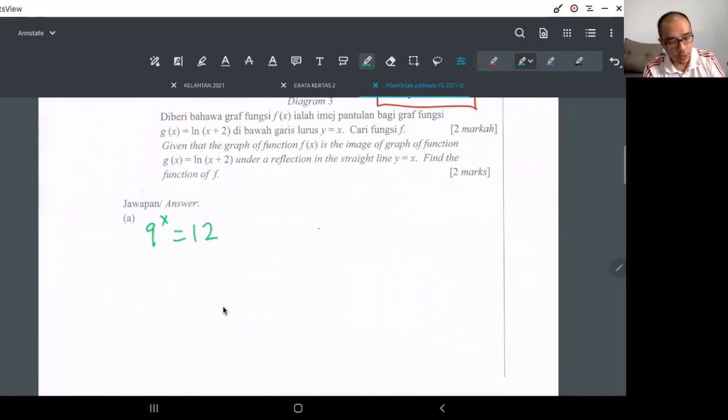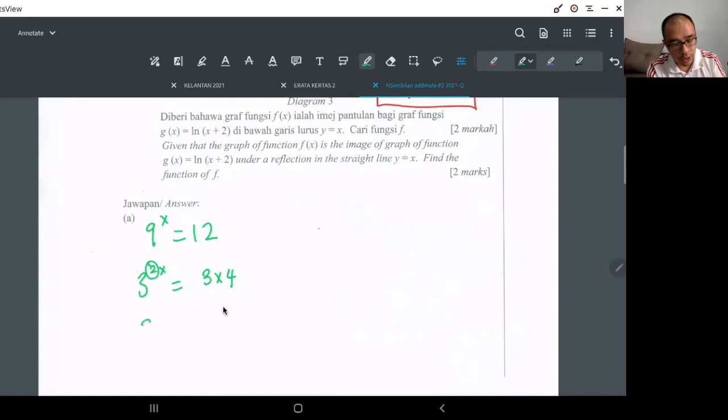Obviously 9 we can change to 3 to the power of 2x, equals to, now the 12 I can change to 3 times 4. And now, since there is a square over here, I can square root both sides.